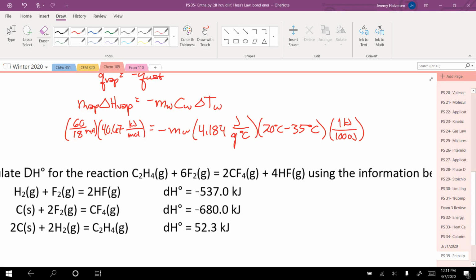So let's plug it in. When I do that, I get the mass of my water is going to be 2160 grams of water. If you get a negative amount for the mass, it probably just meant that you forgot to add this negative sign, or that you did your temperature change in the wrong direction. It should be final minus initial.